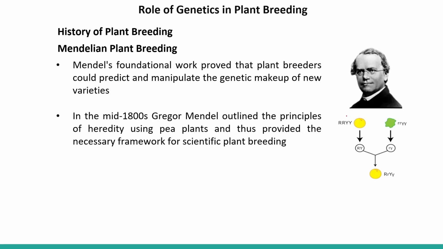So here comes Mendelian plant breeding. Mendel's foundational work proved that plant breeders could predict and manipulate the genetic makeup of new varieties. He was the first person to say that we can manipulate and predict the genetic makeup of new varieties. In the mid-1800s, Gregor Mendel outlined the principles of heredity using the pea plant and thus provided the necessary framework for scientific plant breeding techniques.